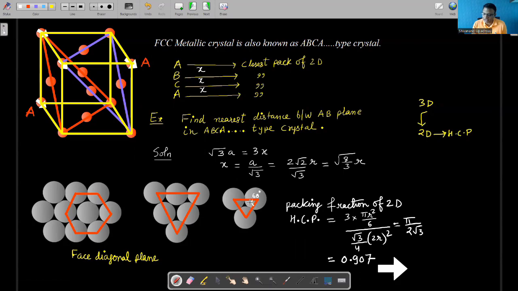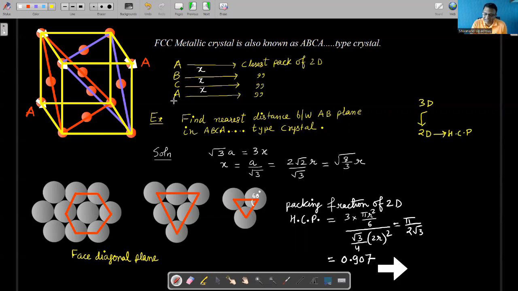There are 3 such spheres, so 3 into pi r square divided by 6 upon the area of the triangle. For an equilateral triangle, area is equal to root 3 by 4 times edge length 2r whole square. If you simplify, this is pi by 2 root 3, which on simplification will give 0.907. Better to remember the data, 0.907, 90.7% of the space is occupied in HCP 2-dimensional crystal.